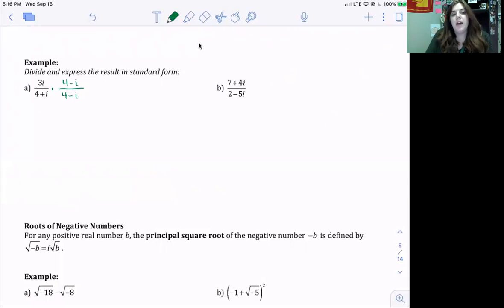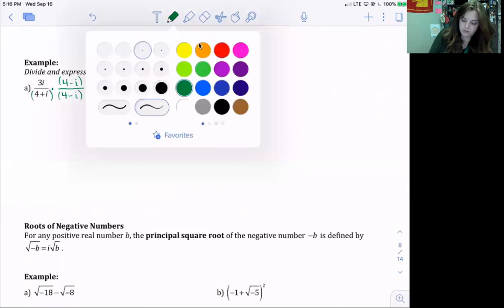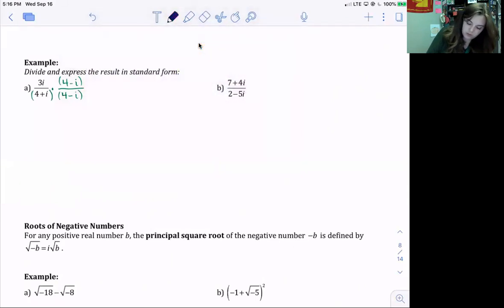Then, remember when we have fractions, we multiply straight across. So I'm going to put these in parentheses. In our numerator, we're going to distribute. So 3i times 4 gives us 12i, and 3i times negative i is negative 3i squared. Then in your denominator, you have two ways you can do this.